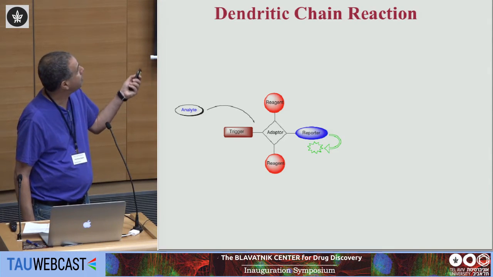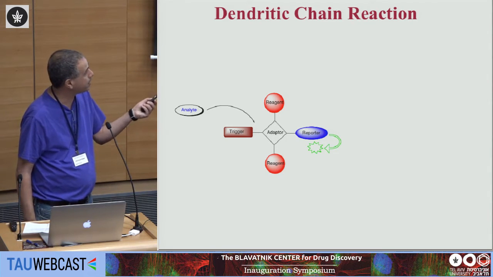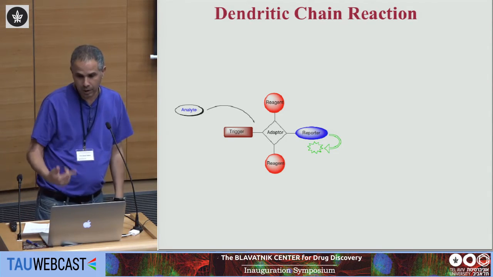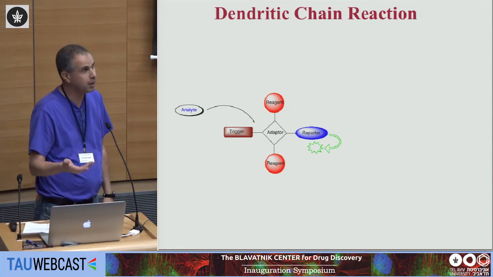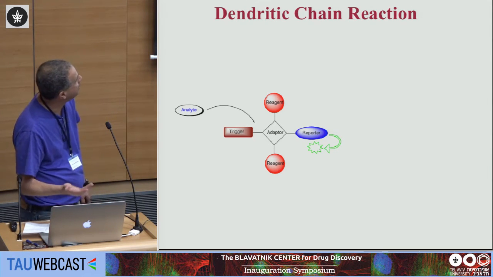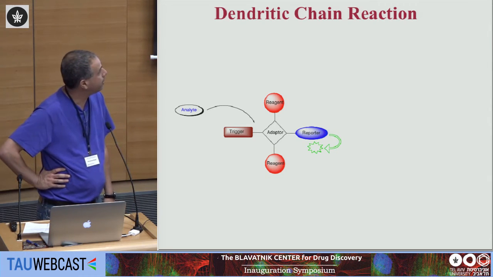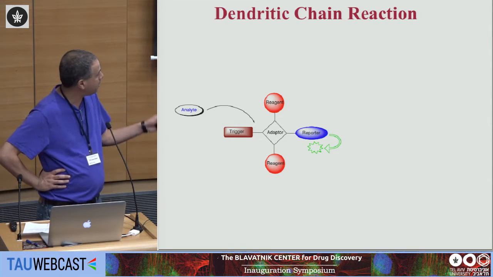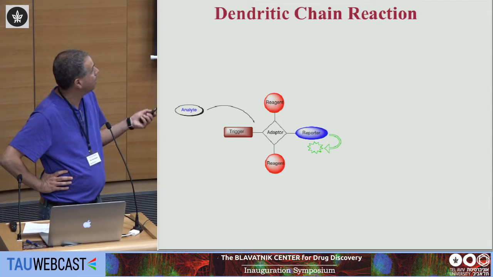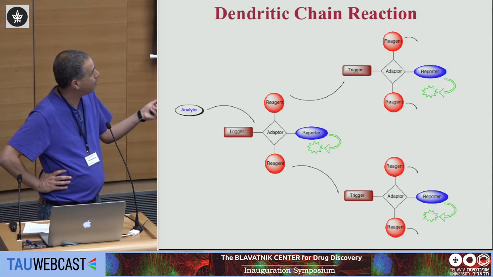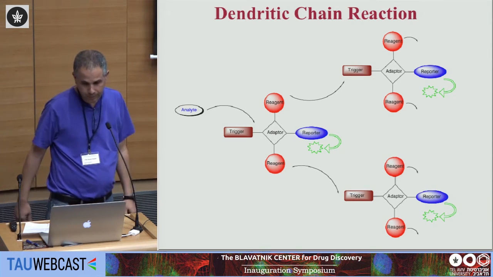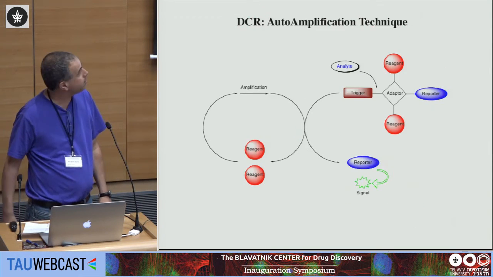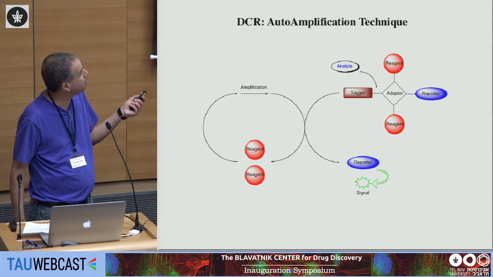Upon cleavage of the trigger by the analyte of interest, the two reagents will be released, but also the reporter, that we can read spectroscopically, and in this way identify the disassembly of the system. And as I showed you before, when the reagents are released, they will activate two additional dendrons and so on. And that's the dendritic chain reaction, auto-amplification.